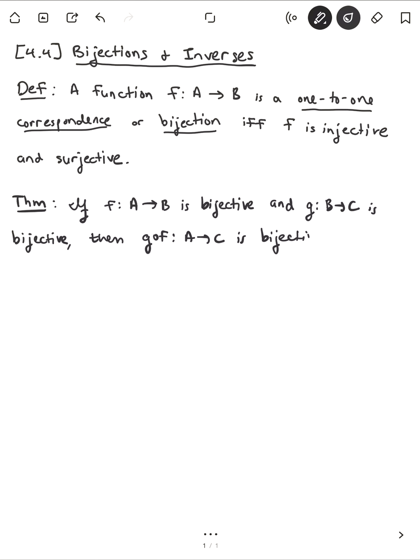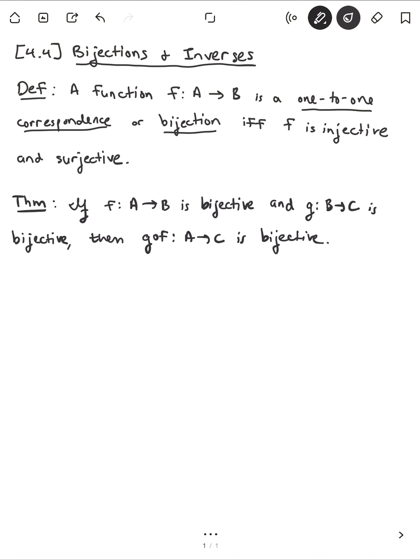And this basically follows from the previous lecture where we showed that the composition of surjective functions is surjective and the composition of injective functions is injective. And so therefore it follows that the composition of two bijective functions is also going to be bijective.